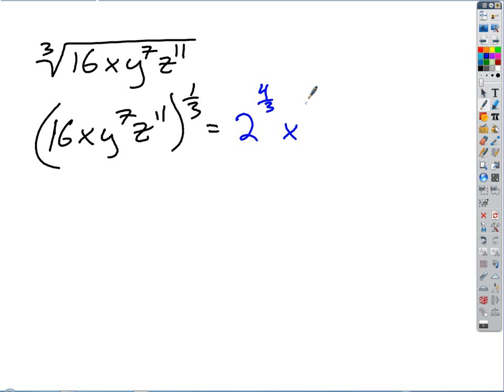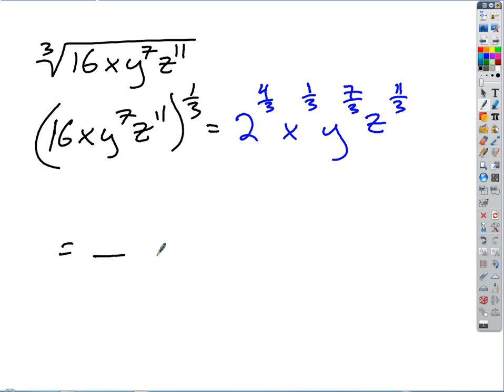Times x to the 1/3 times y to the 7/3 times z to the 11/3, right? Okay, so now let's write our answer.